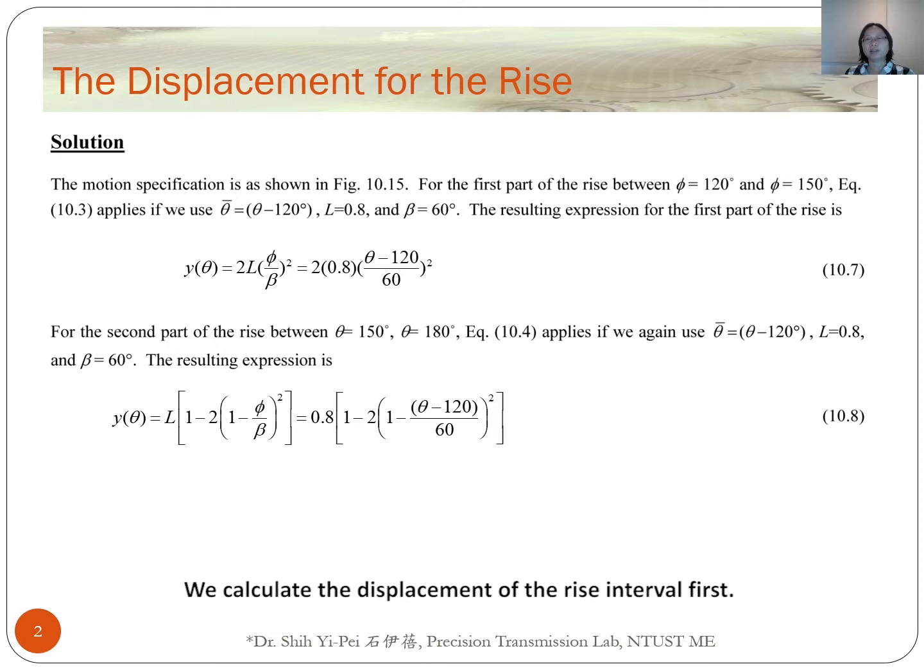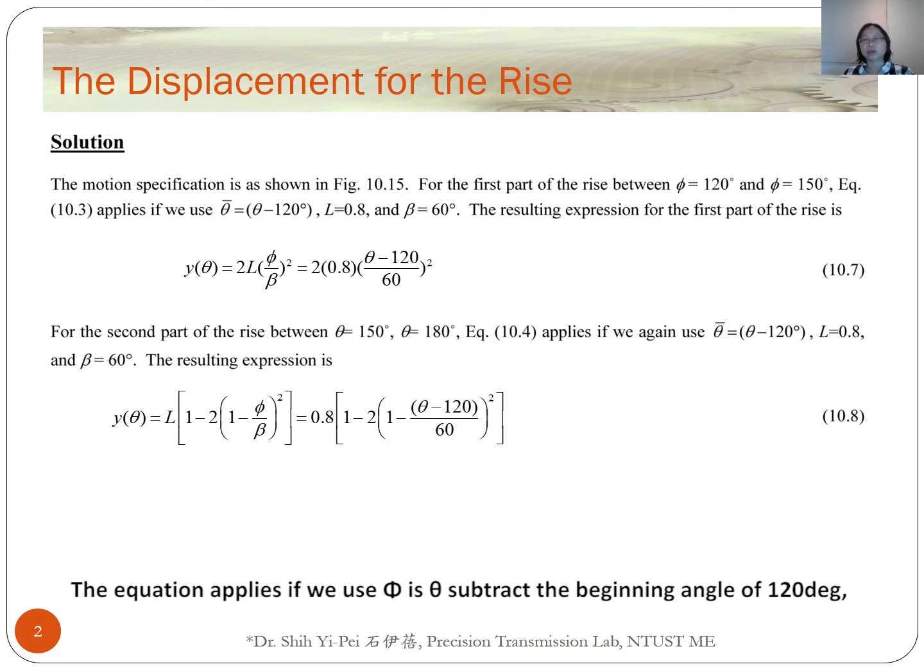We calculate the displacement of the rise interval first. We know each interval needs two parabolas to fit it. For the first part of the rise, between theta 120 degrees and theta 150 degrees, the equation applies if we use phi as theta minus the beginning angle of 120 degrees.